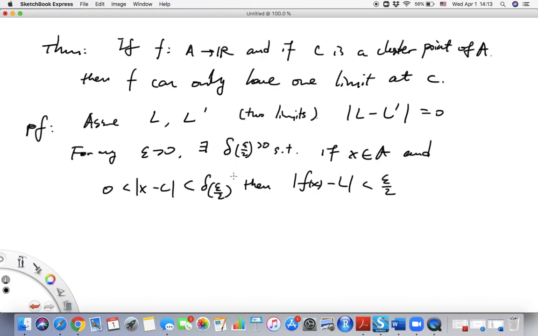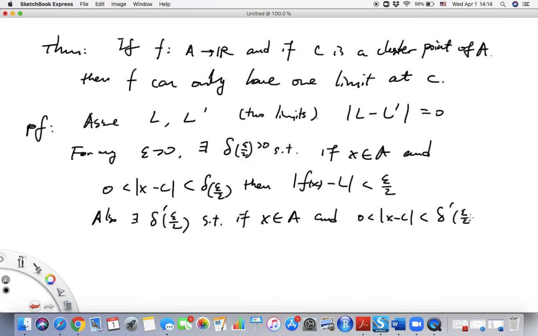Such a delta exists by the definition of limit. Also there exists a delta prime of epsilon over 2 such that if x is in A and 0 less than |x minus c| less than delta prime of epsilon over 2, then |f of x minus L prime| is less than epsilon over 2. Okay?